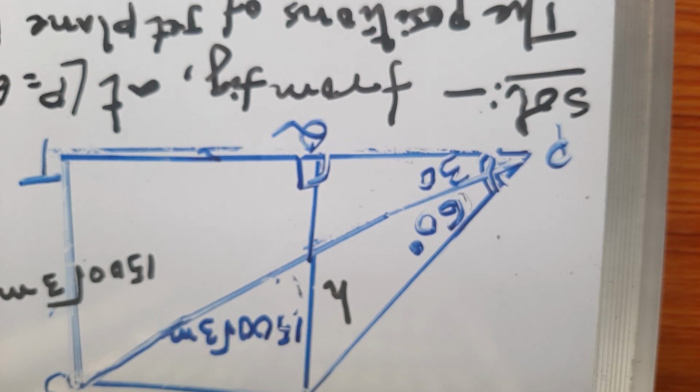The horizontal line, you can write PQT. This is the horizontal line PQT.